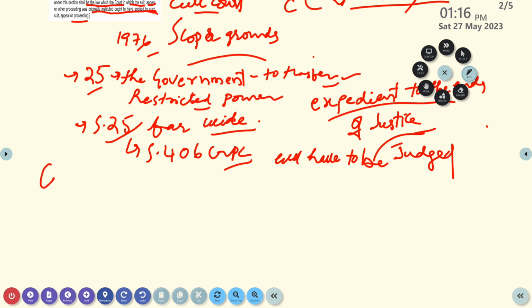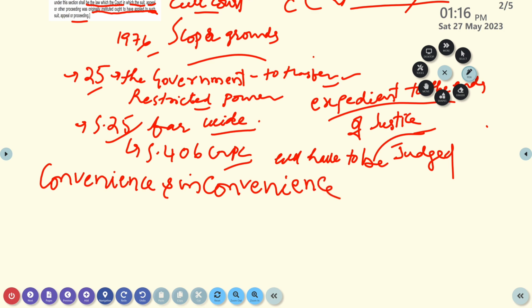That is convenience and inconvenience. Convenience and inconvenience of whom? That is the point. Of the parties, witnesses, and trial place.